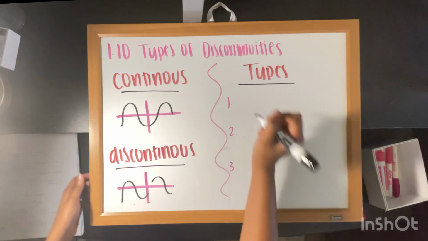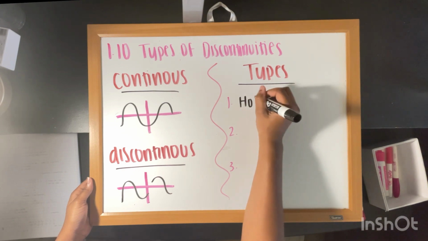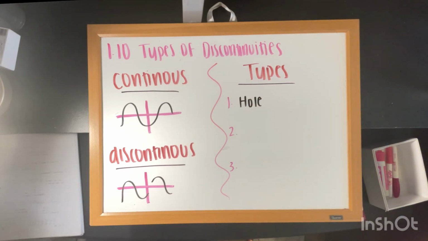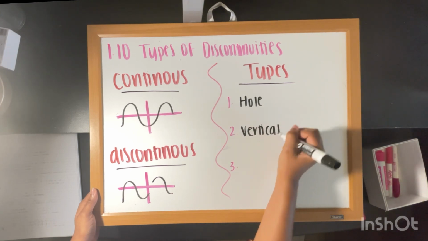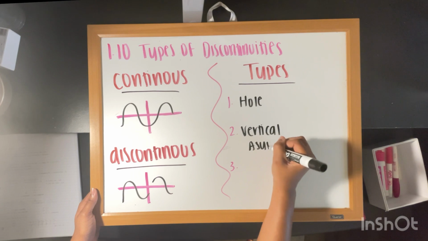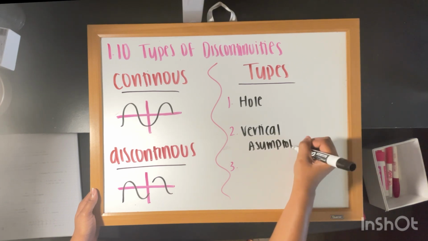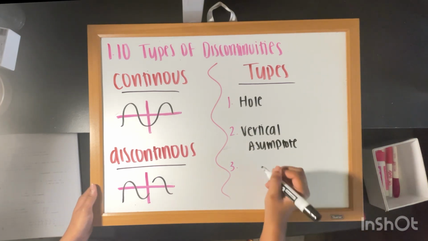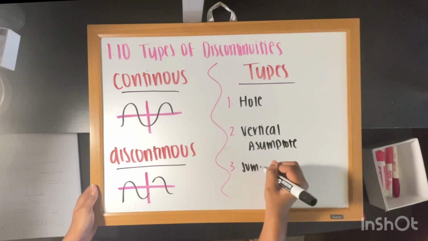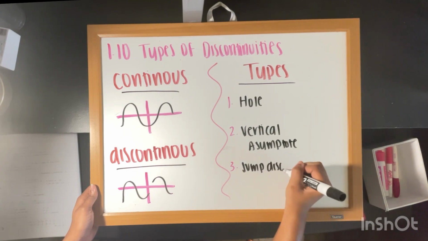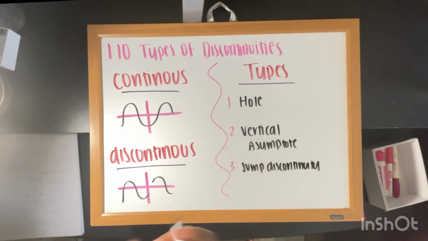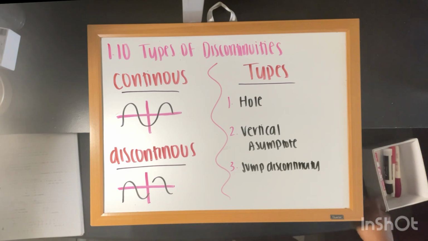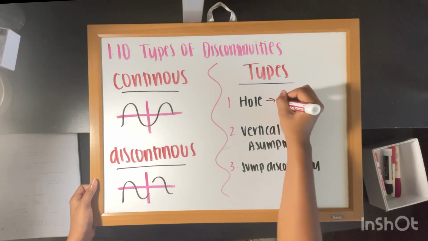The first one you have is a hole. Next, you have a vertical asymptote. And lastly, you have a jump discontinuity. Now, a hole is removable.